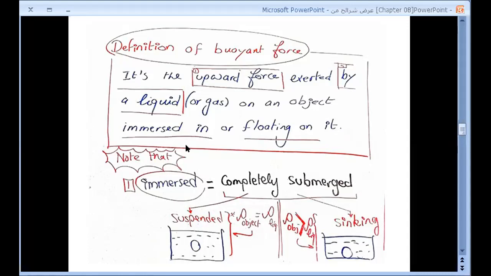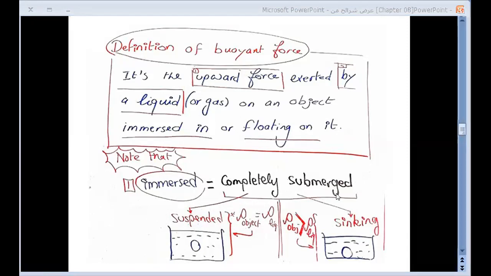So we have two cases. Number one, immersed in. Number two, floating on. Immersed can be described with another expression, which is completely submerged.